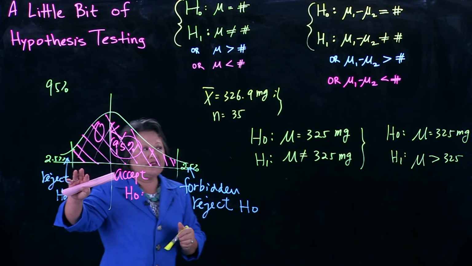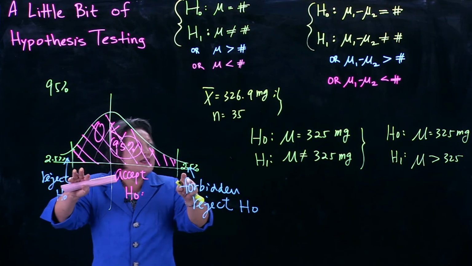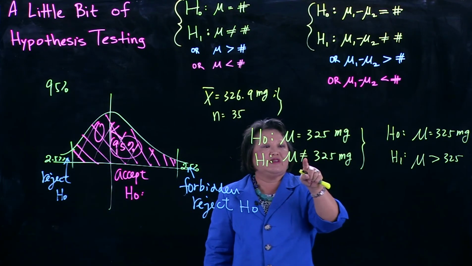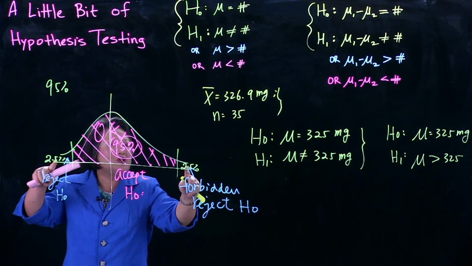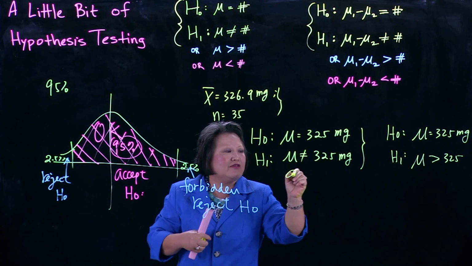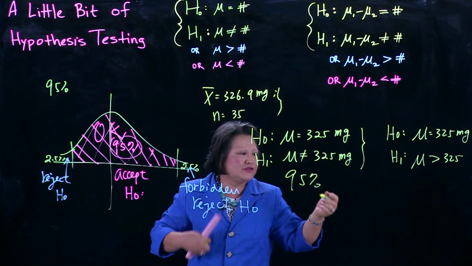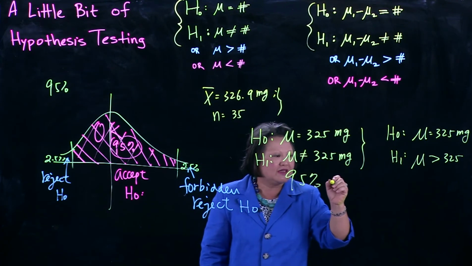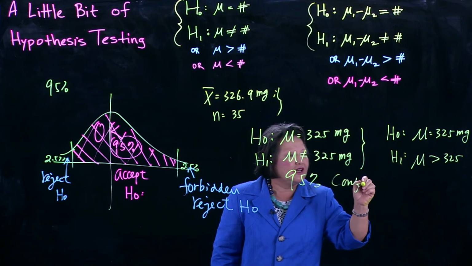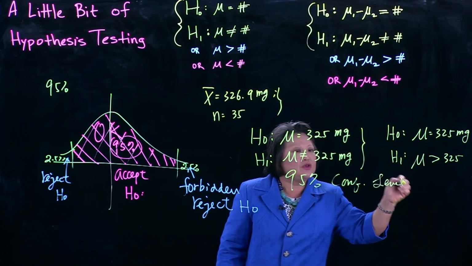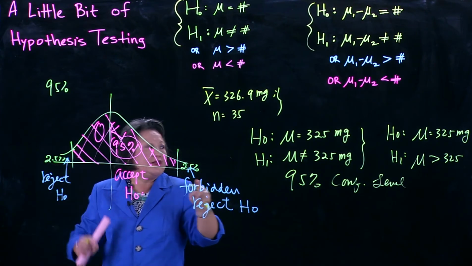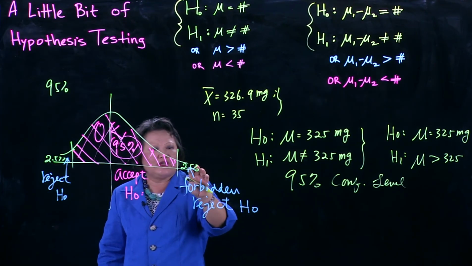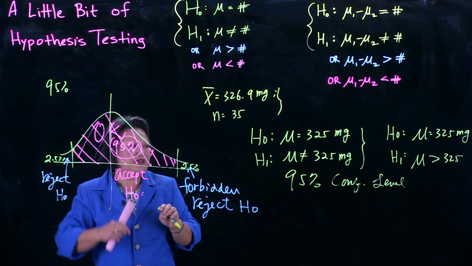Now, you're going to compute something, and you're going to look in this table. Since you're doing not equal, it could be here or it could be here. We're doing the 95% level. We always do 95 because that's the industry accepted confidence level for testing. If you're doing not equal, it could be more or less, so you split 2.5% area here and 2.5% area here.